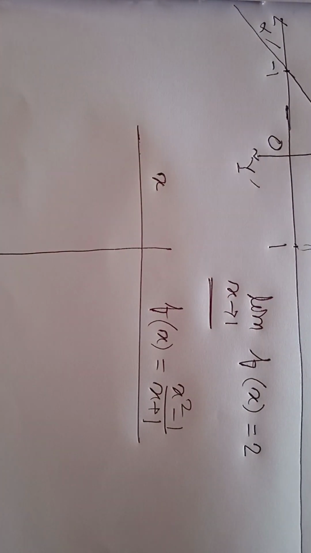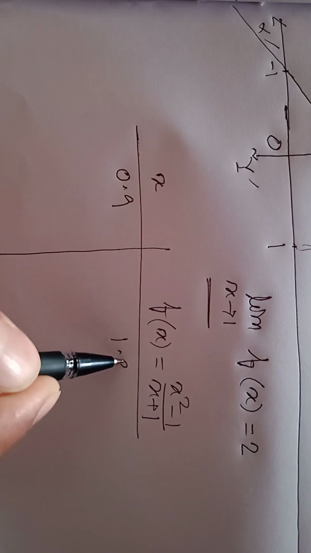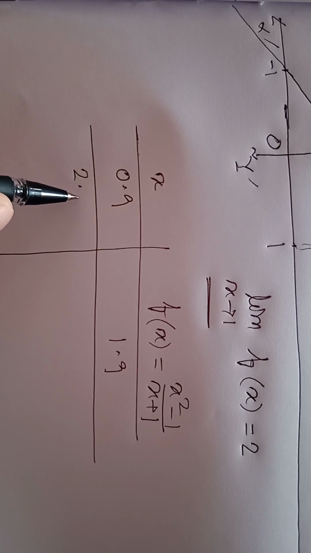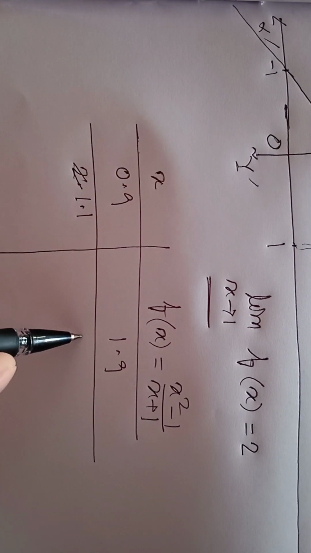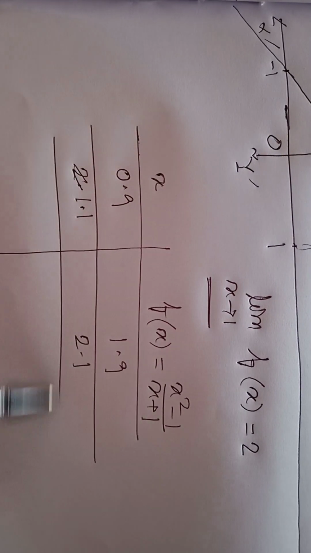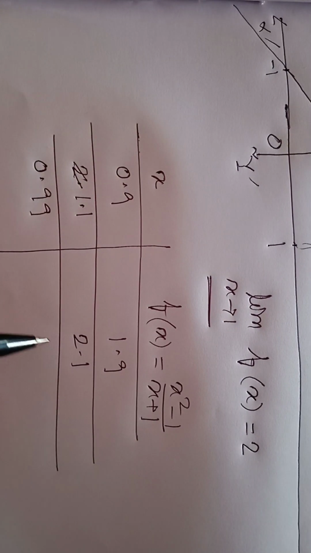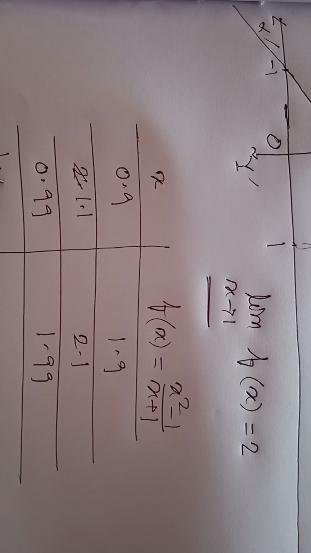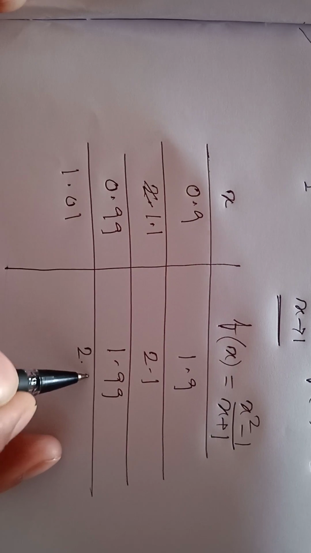Suppose first we take values near 1. For 0.9, f(x) is 1.9. For 1.1, f(x) is 2.1. For x equals 0.99, f(x) is 1.99. For x equals 1.01, f(x) is 2.01.